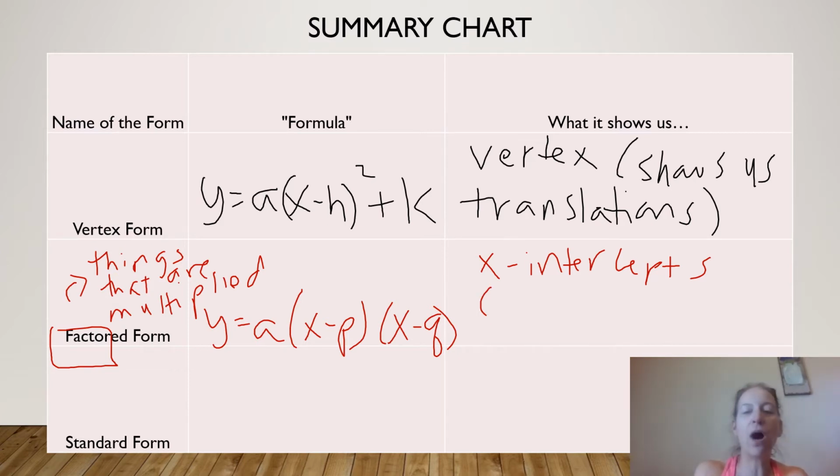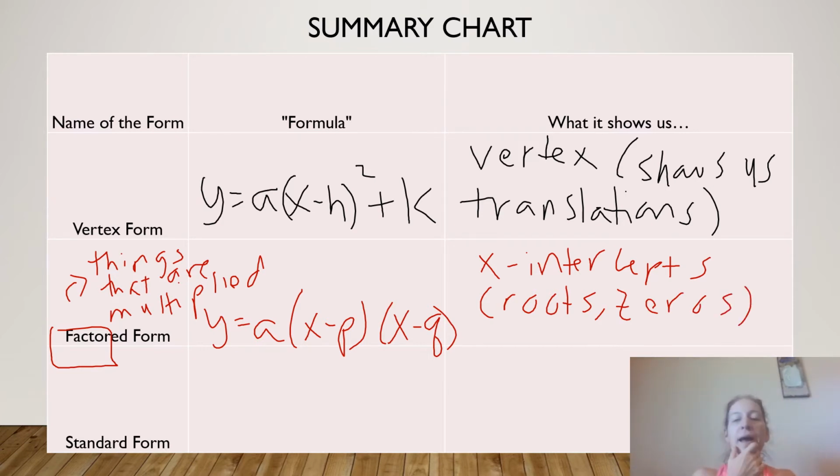Now there's 2 other words for x-intercepts. They are also called roots and zeros. You will see all 3 of those vocabulary words used interchangeably. It's not like one of them is more common than the other.